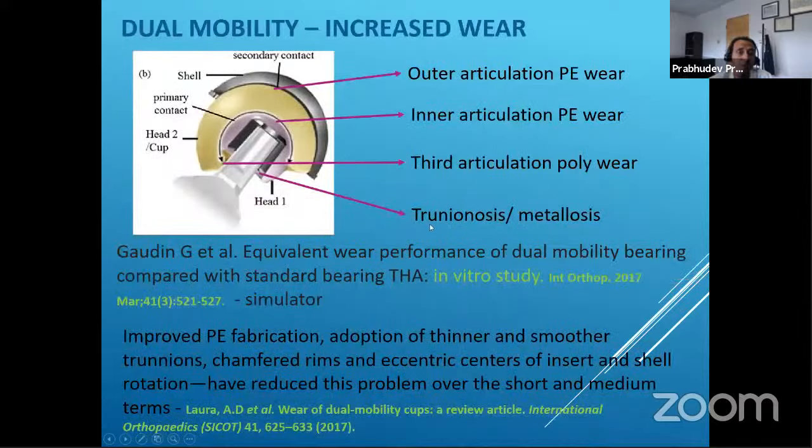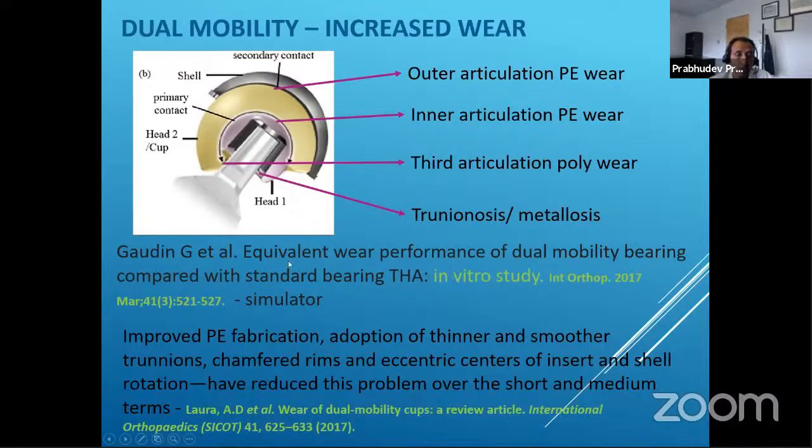Increased wear has been a concern with these, again, because the wear can happen between the poly liner and the metal liner, in the outer articulation, it can happen in the inner articulation. It can happen when there is an impingement between the poly liner and the neck. But with the newer generation dual mobility liners, this has been found to be less of a concern.